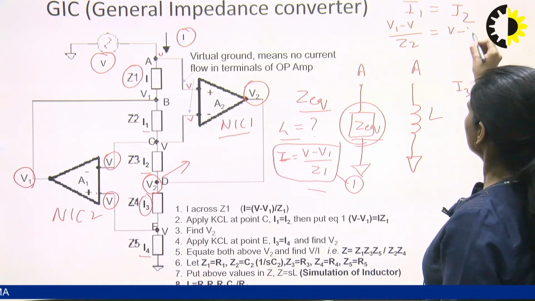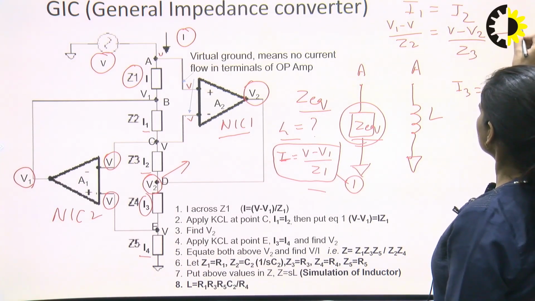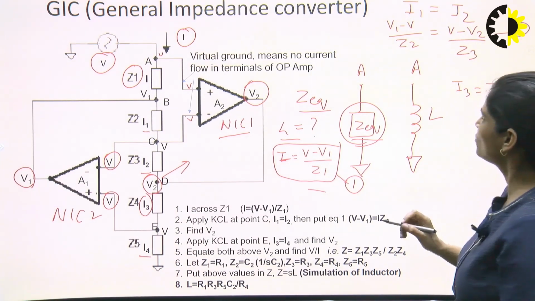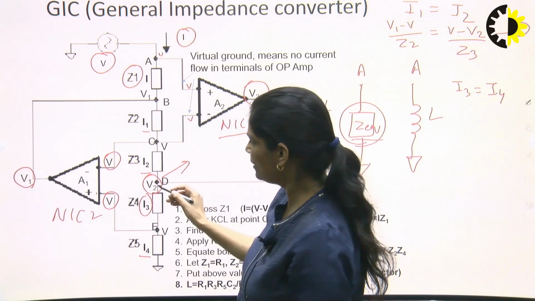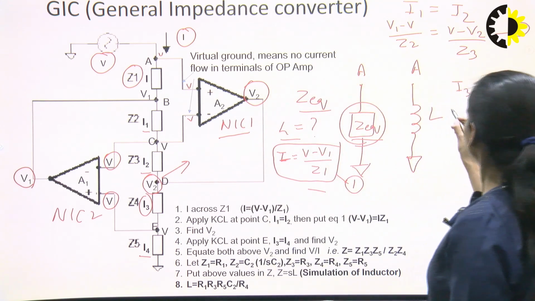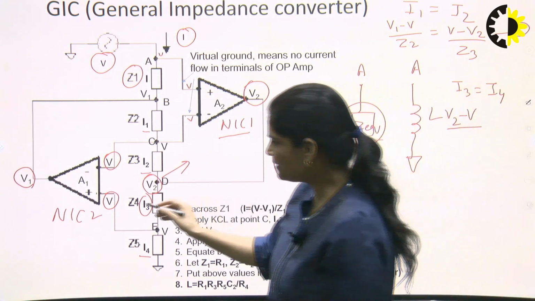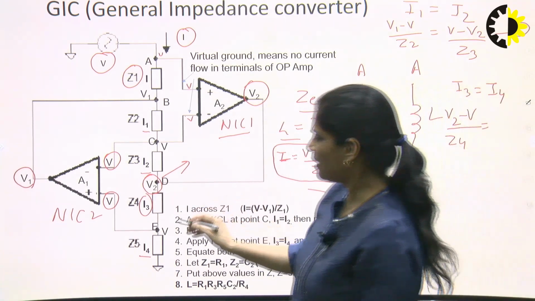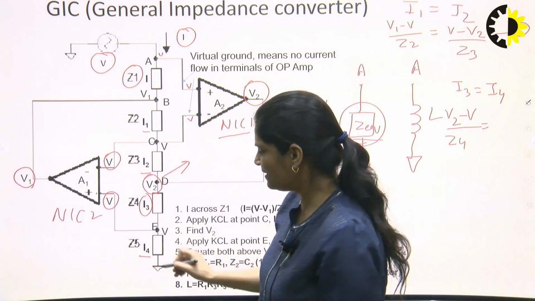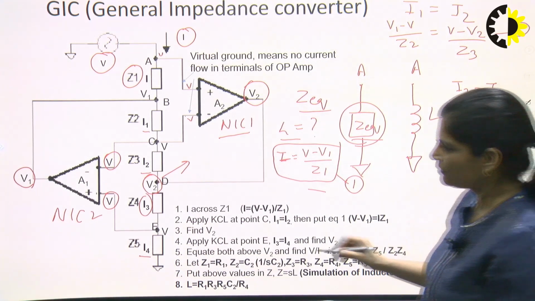Let us consider this an equation. Now I3 is equal to I4. So I3 is (V2 minus V) upon Z4, equal to I4, which is (V minus 0) upon Z5.